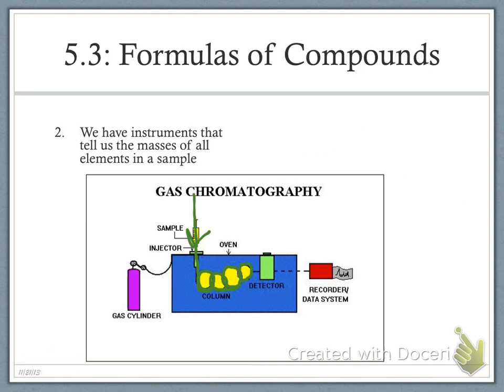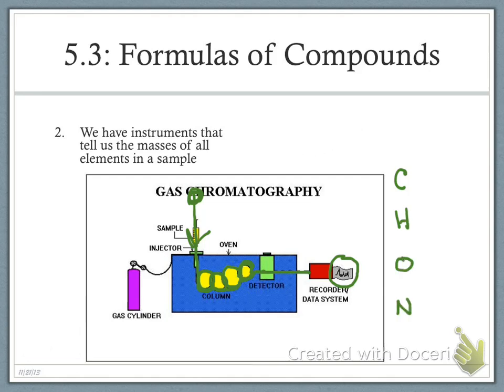It heats it up to a really high temperature, and as it's flowing through the coils, it turns into a gas and passes through a detector. The detector is able to detect what elements are present in your original sample, and sends that information to a little printout that tells you what types of elements were present in your original material.